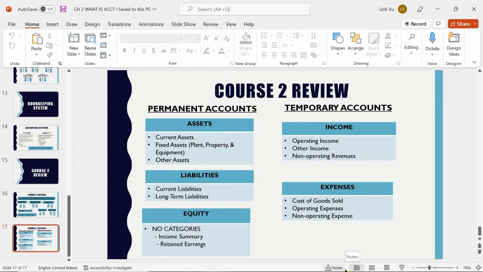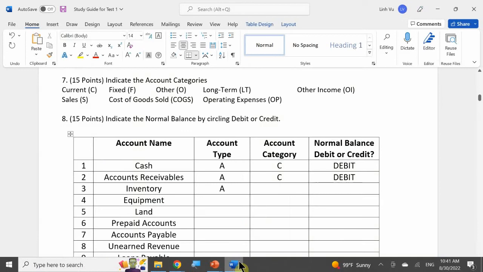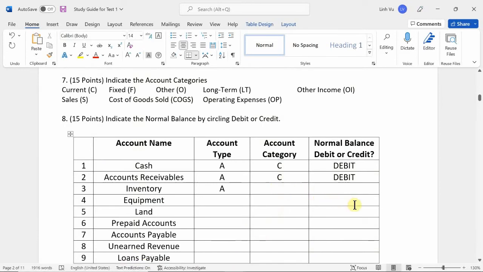Under current. Yes, it's current. You know why? You can turn around and sell your inventory and get cash for it immediately.